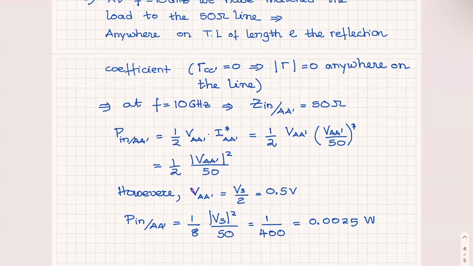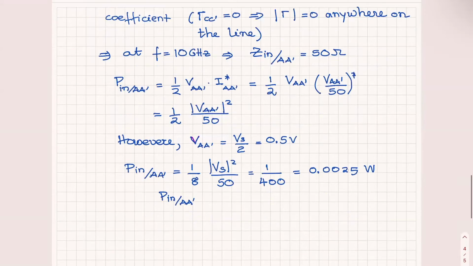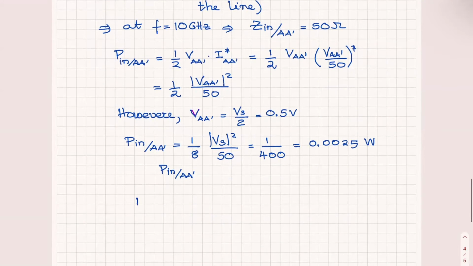Oh, on the Pin, like power in at AA, why do we use the complex conjugate of the current? Because the power, if you have any load, and then this is the voltage that applies across it. Let's assume that it's not a DC.